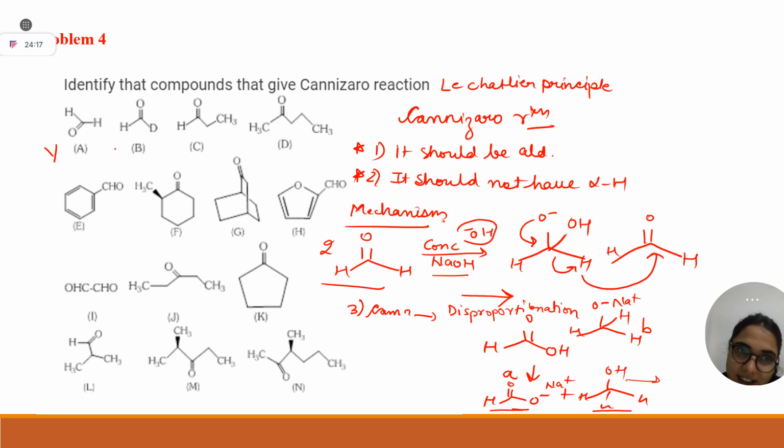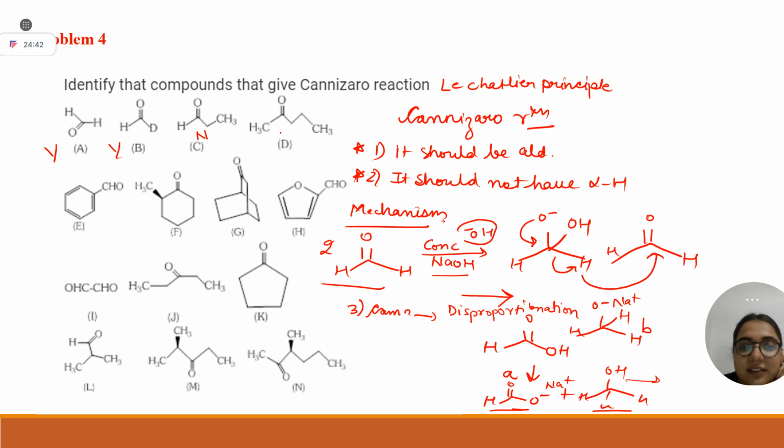C, no, why? Because it can undergo aldol reaction. Whenever the base is used, the condition is it should not have alpha hydrogen, because if it has alpha hydrogen, it will undergo normal aldol reaction. Base will abstract a proton, form an enolate, and attack onto it.